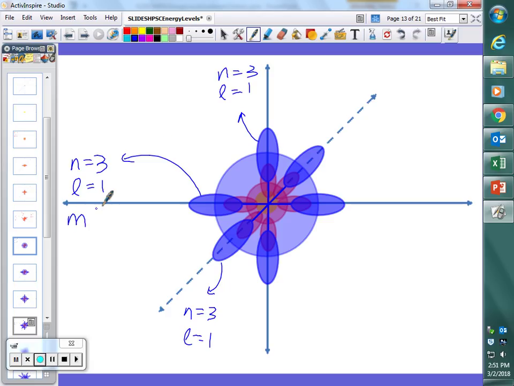That's where M comes in. L is 1. Possible M values run from negative L to positive L: negative 1, 0, positive 1. 3 possibilities for 3 orbitals.